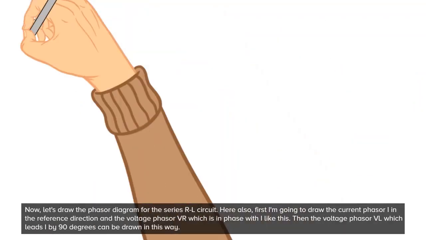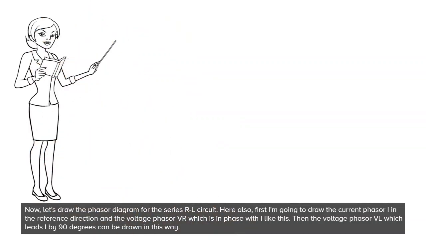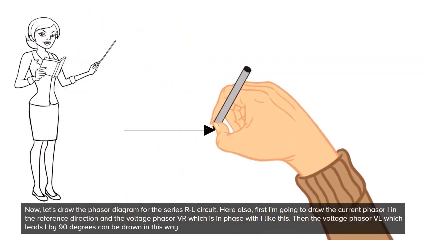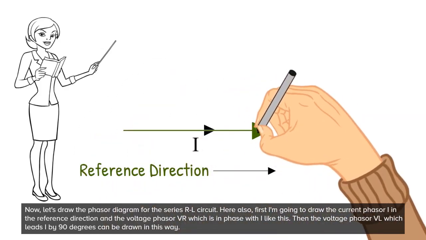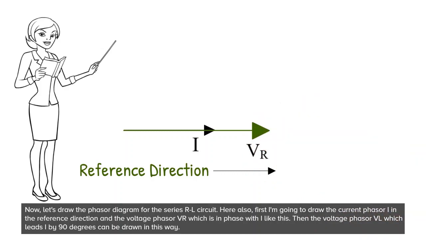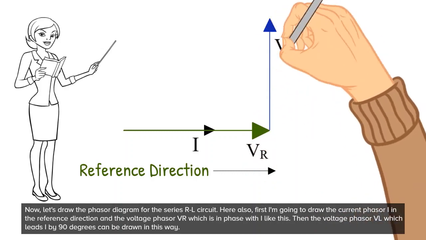Now, let's draw the phasor diagram for the series RL circuit. Here also, first I'm going to draw the current phasor I in the reference direction, and the voltage phasor VR, which is in phase with I, like this. Then the voltage phasor VL, which leads I by 90 degrees, can be drawn in this way.